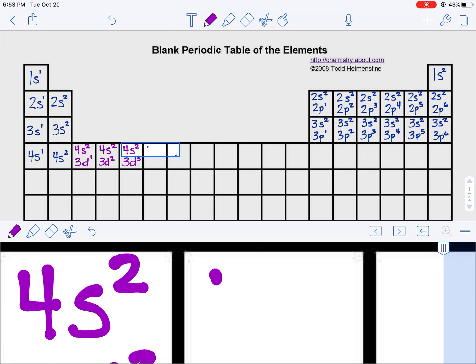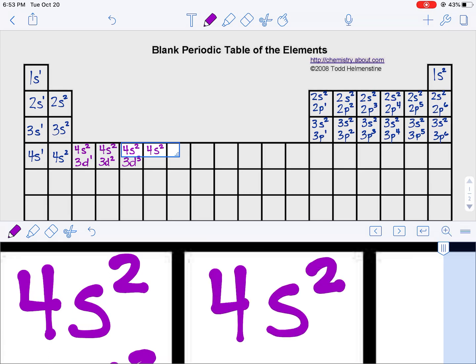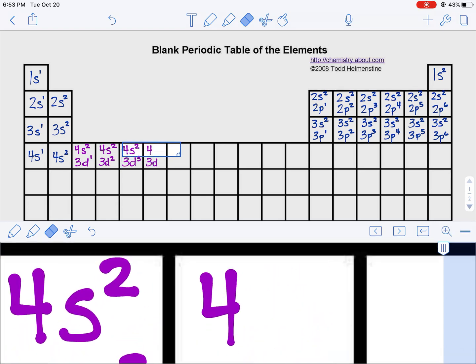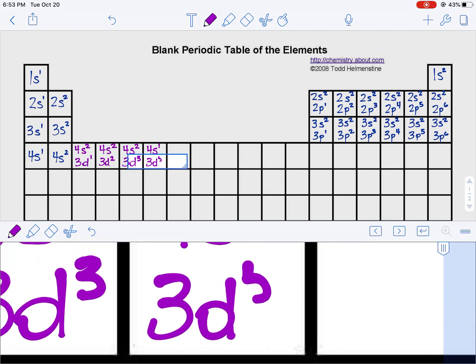My 24th electron, that of chromium, we want to write 4s2, 3d4. But that's not what nature does. Remember that nature takes one electron from the s to make it half filled and puts it into the d to make that half filled as well.